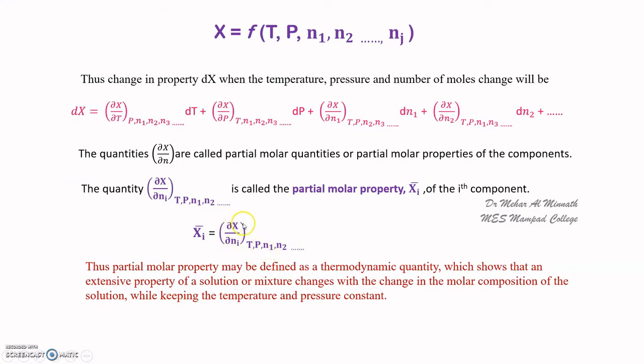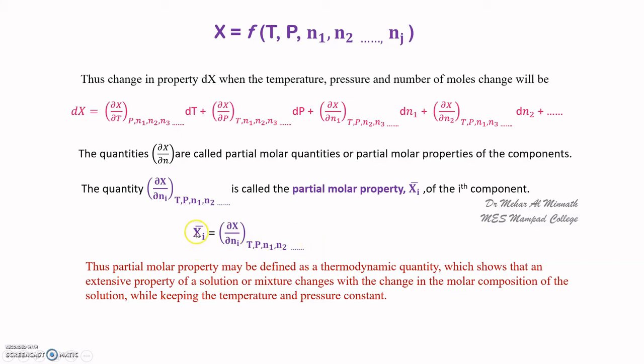The partial molar property may be defined as a thermodynamic quantity which shows how an extensive property of a solution or mixture changes with the change in molar composition. If you have an extensive property X, how is it changing with respect to the number of moles of the ith component? That is how it changes with the change in the molar composition of the system while the temperature, pressure, etc. are constant.